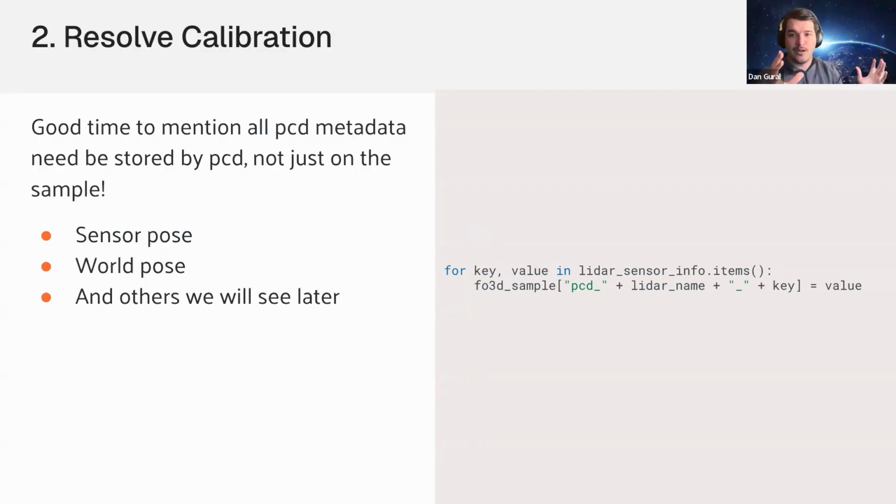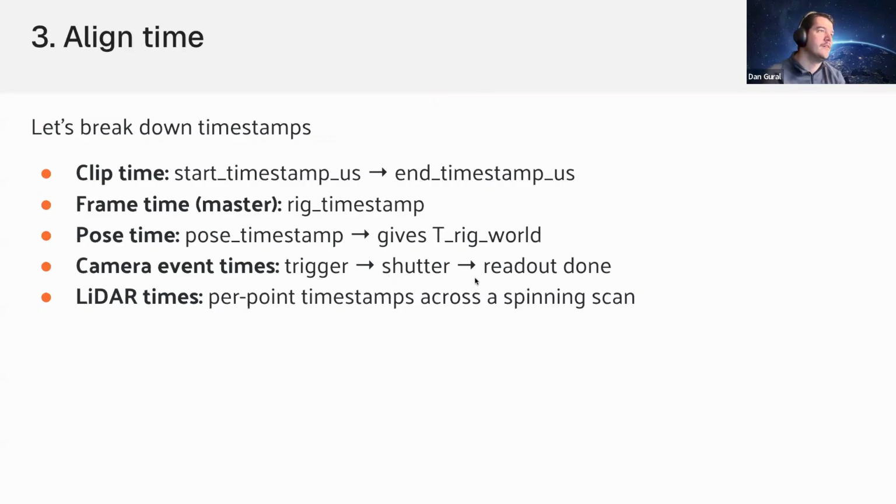I want to look at all the point clouds at once. So we just add this little prefix before each one of our metadata to help identify where it's being stored. So if you're storing LiDAR pose, for instance, just know that you have to store it as PCD underscore the name of the LiDAR, such as LiDAR top, and then the actual value that you're setting. And then our tool will automatically help parse all of this down the way.